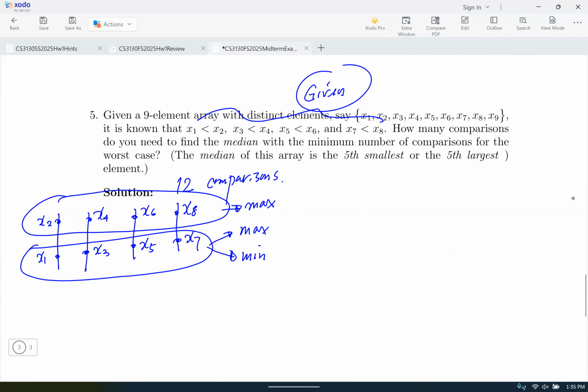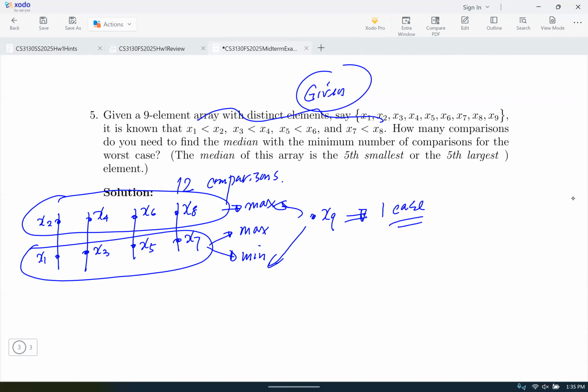Quite messy. Sometimes talking about the max, sometimes the minimum, very confusing. Then they use X9 to compare with the max. When you do comparison, there are many cases, right? But they only talk about one case. That's not good.